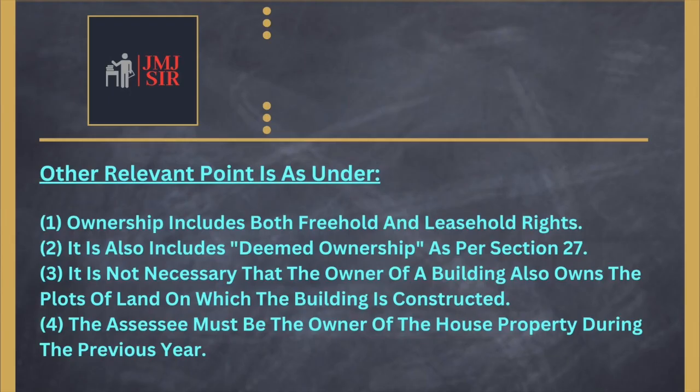Another relevant point is that ownership includes both freehold and leasehold rights. It also includes deemed ownership as per section 27 of the Income Tax Act. It is not necessary that the owner of a building also owns the plot of land on which the building is constructed, and finally the assessee must be the owner of the house property during the previous year.